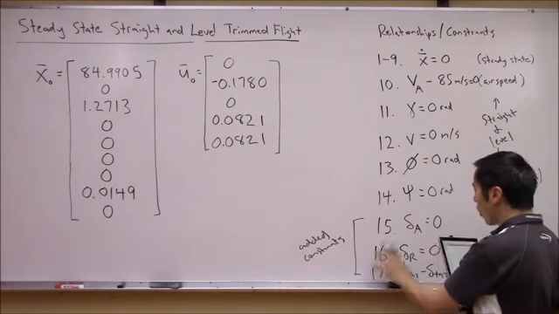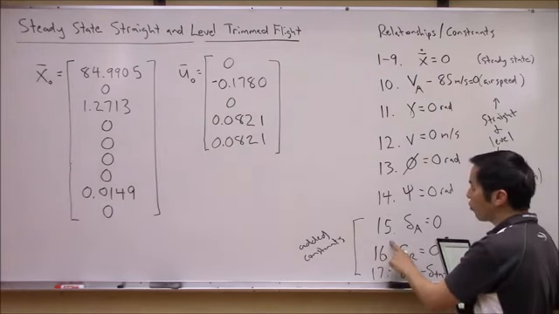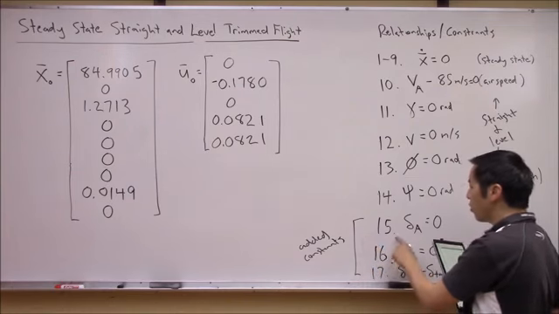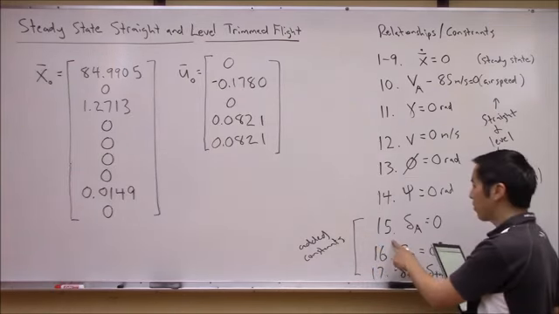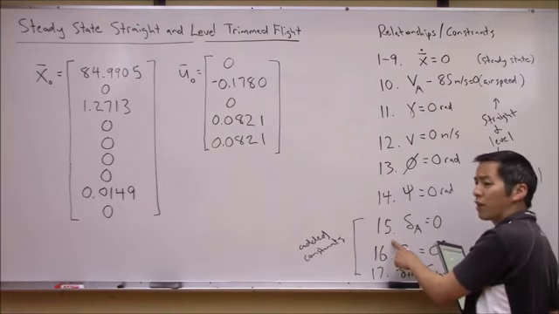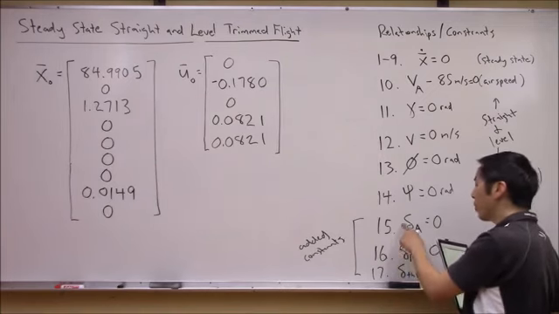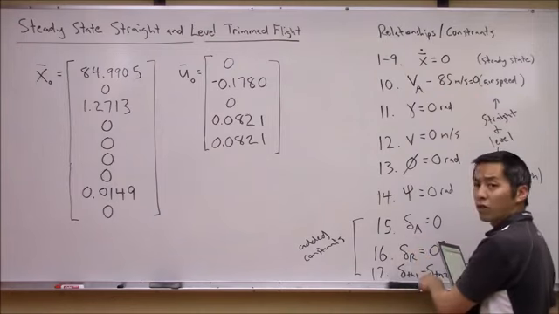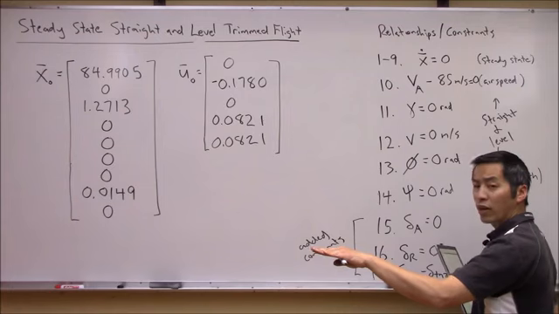Now, the one thing you might want to, I don't want to say worry about, but you might want to think about. If you think about what we're doing right here, you're using your knowledge of the system and saying that I know that the aircraft is symmetrical and has all these good characteristics such that I'm pretty positive at the end of the day that the ailerons and the rudder have to be 0 and the throttles are going to have to be matched in order to get me this straight and level flight.